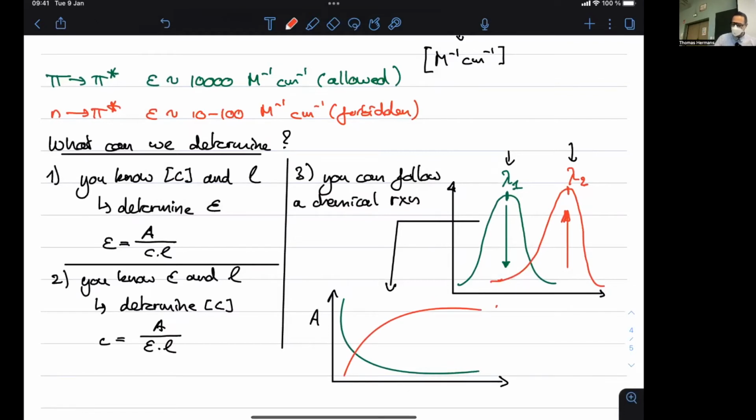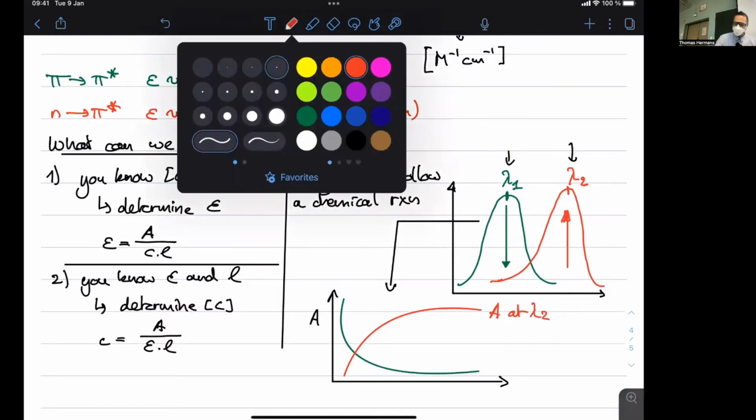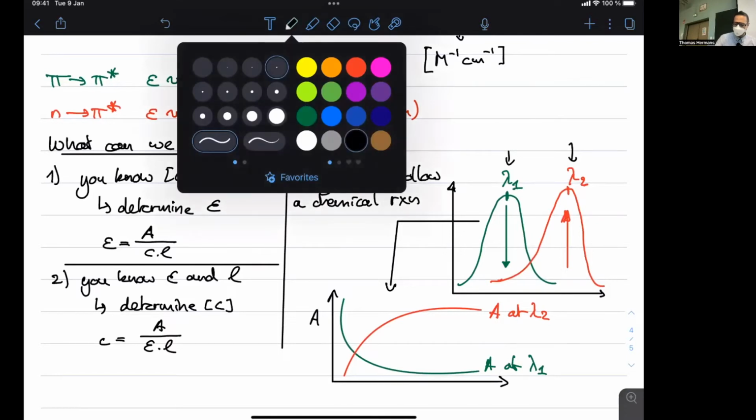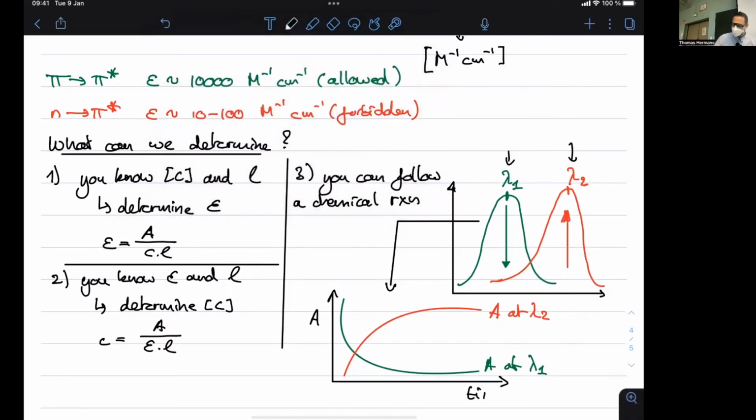So this will be the absorbance at lambda 2, and this will be the absorbance at lambda 1, and this is versus time, right? So if this looks like second order kinetics, I will have some kind of exponential decay in my signal.